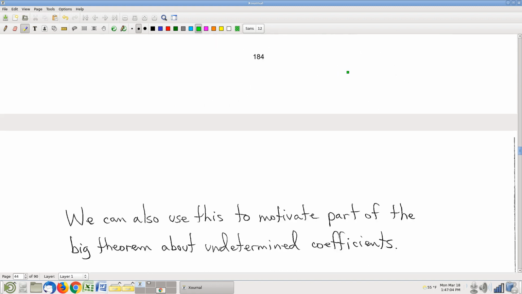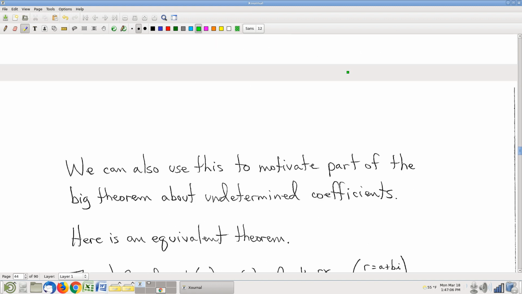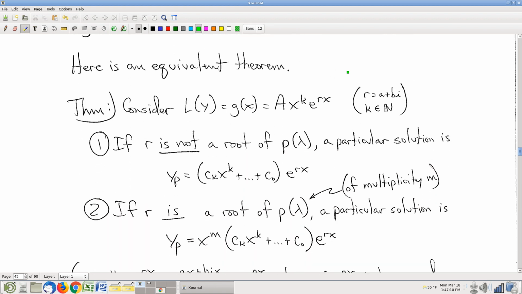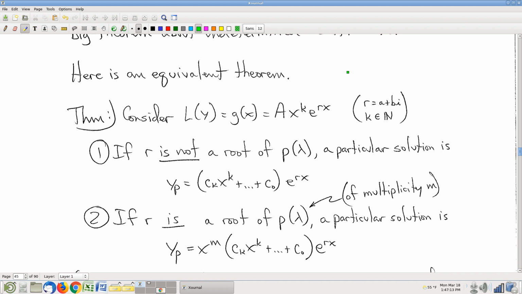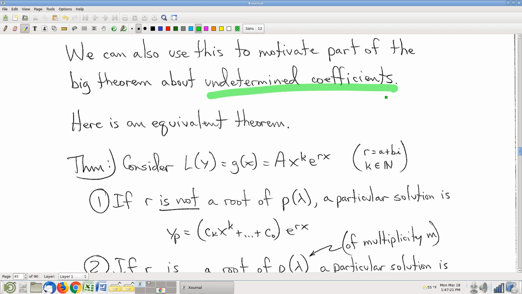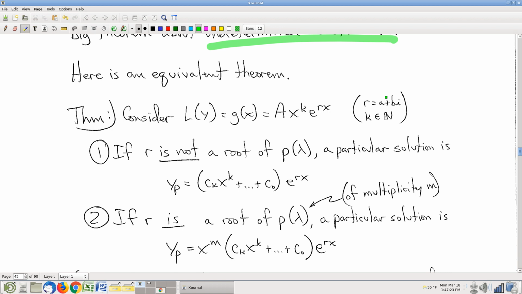Okay, next thing that we never quite got around to proving back in chapter 4. There was this whole business about what you do with particular solutions, the section on undetermined coefficients. There's a great big enormous theorem in there that looks a lot like this one.